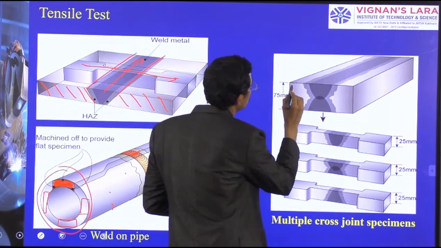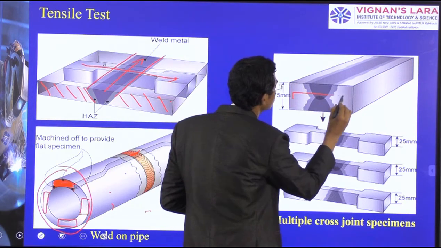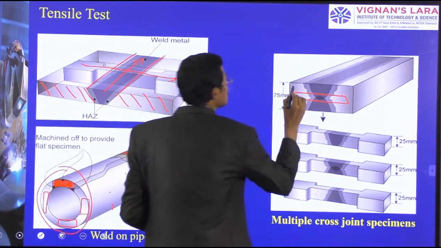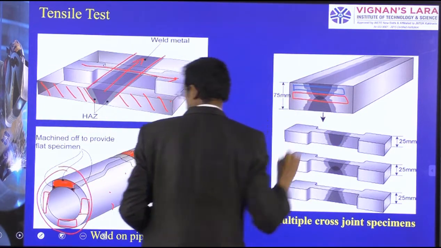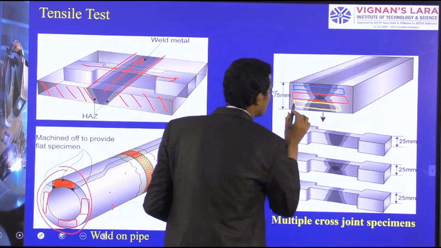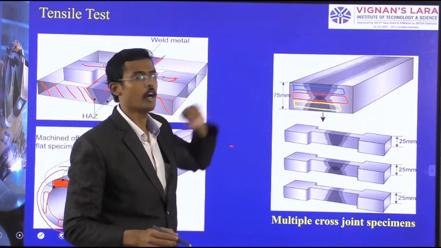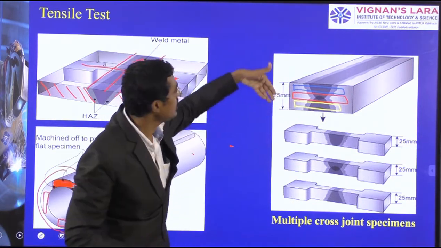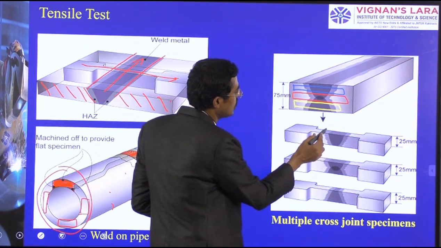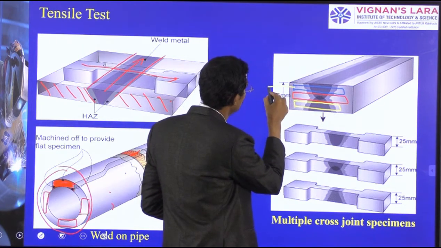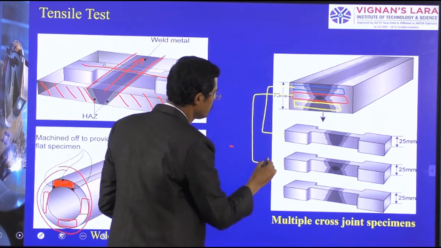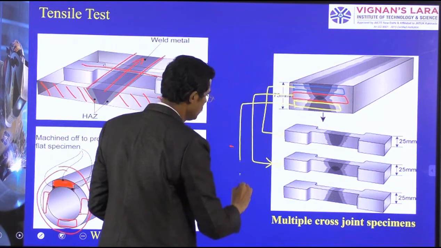I am taking the specimen of the center part, this part, and I am taking the next second part, and also this part. So bottom, center and top. I have sliced them from the welded zones. You see, this belongs to the top one, this belongs to the center one, and this belongs to the third one.